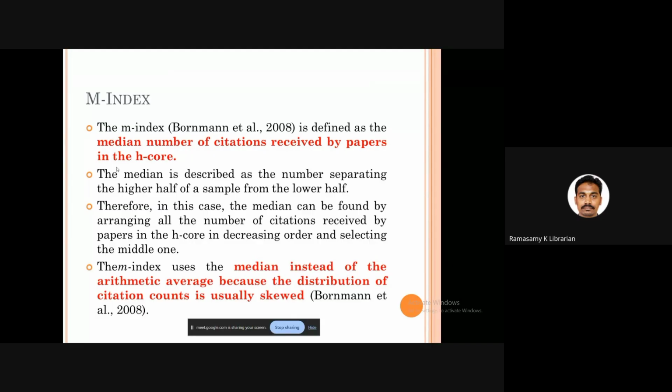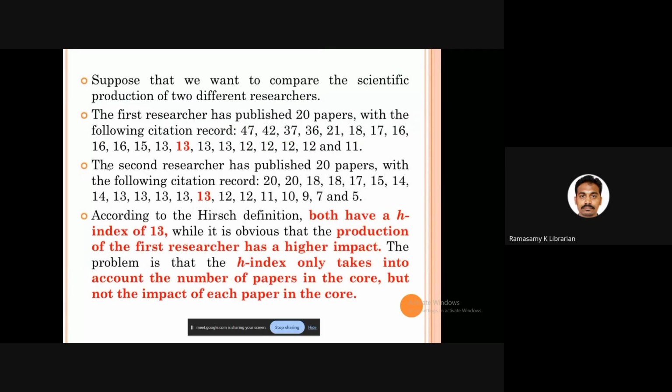You take only H core papers, arrange all the H core papers in descending order. You find out the median. Median means the middlemost number, the number that divides a number series into 2 halves. That is what the M index is. I'll just give an example.